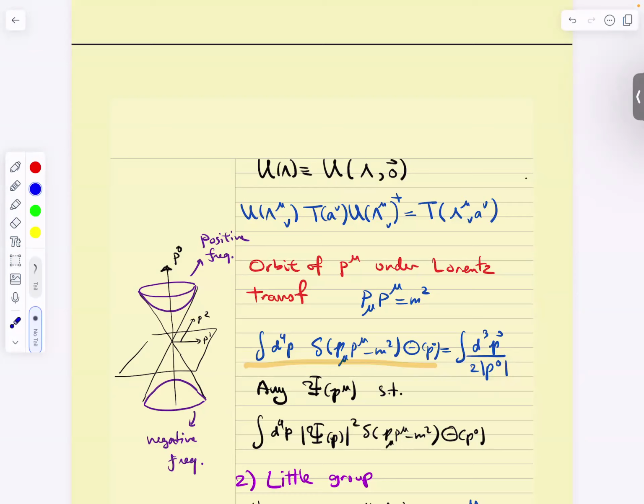You could do things using the left side to remain covariant. The right side is not covariant because you have picked a time-space splitting. In canonical quantization of quantum field theory, we're going to do the right side. If you want to do path integrals and work covariantly, you'll be using the left-hand side expression. But they're equivalent expressions.